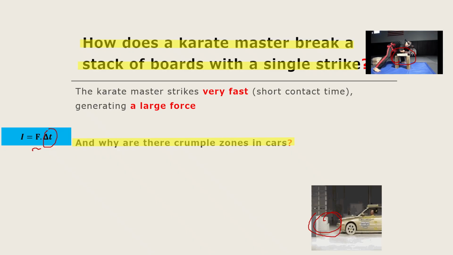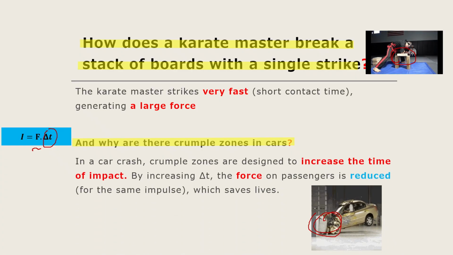As the time of collision increases, it produces less force on passengers so that they will be safe. So in a car crash, crumple zones are designed to increase the time of impact. By increasing the time, the force on the passenger is reduced, and that's what saves the lives of people.